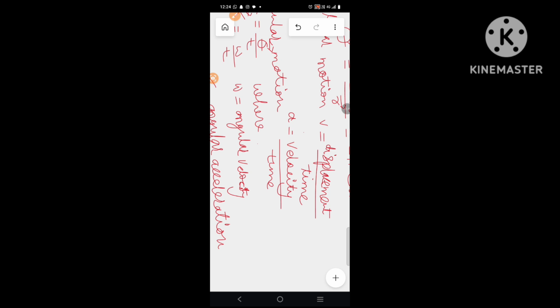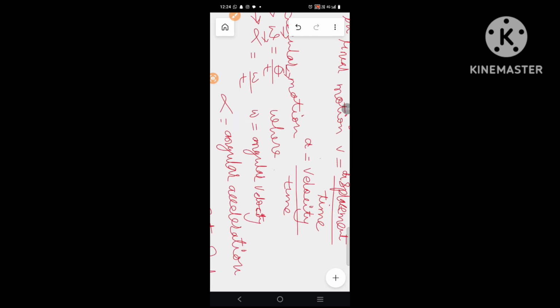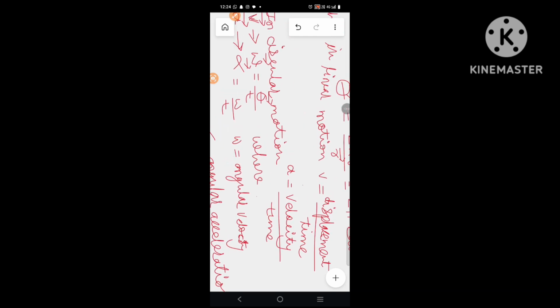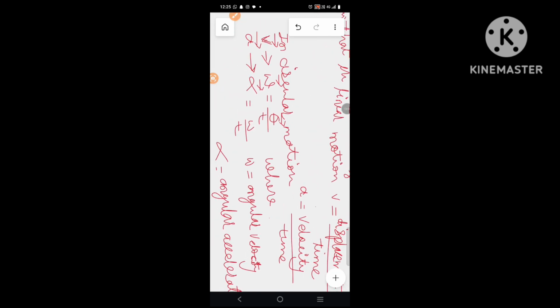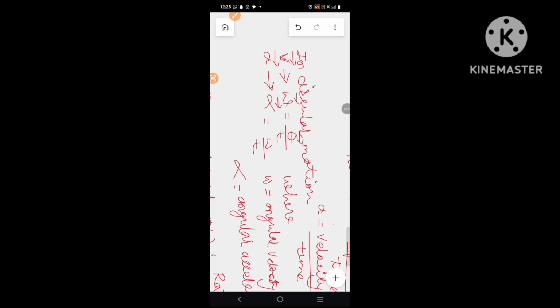Similarly, in the case of circular motion, this linear velocity changes into angular velocity, and this linear acceleration a changes into angular acceleration. They are represented with different letters. Here v is the linear velocity.